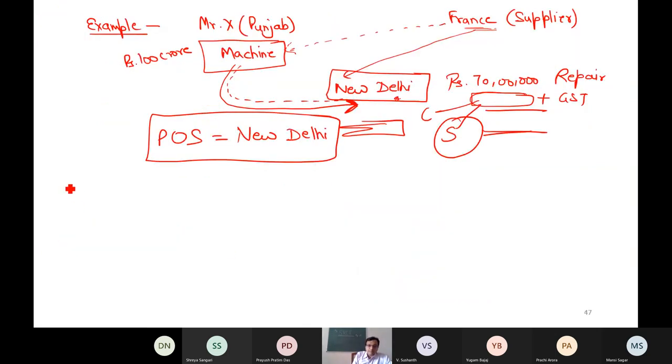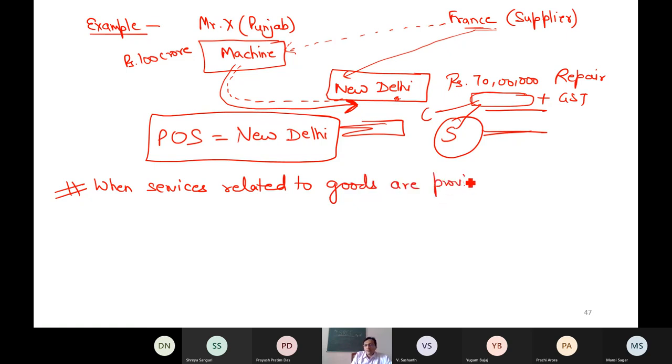Now my second point, when services related to goods are provided from a remote location, just by way of electronic means.